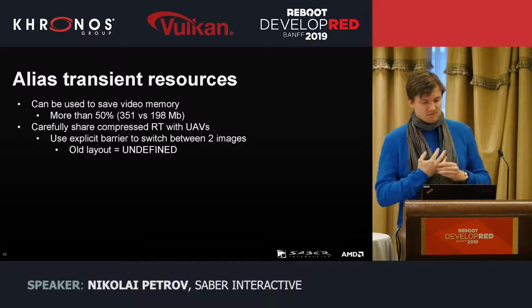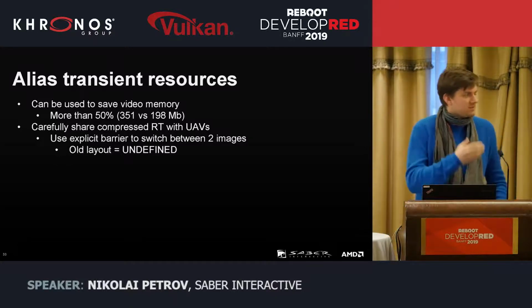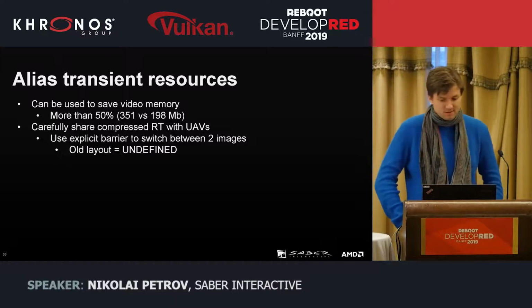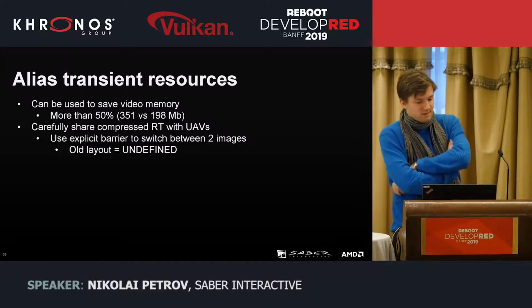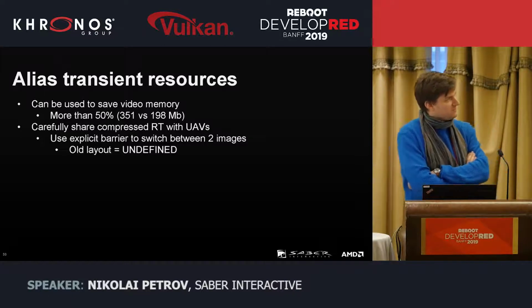It is simple because we know exactly when each target is used, so no explicit synchronization is really required. And it also greatly reduces the video memory consumption. In our tests it saves more than 50%.